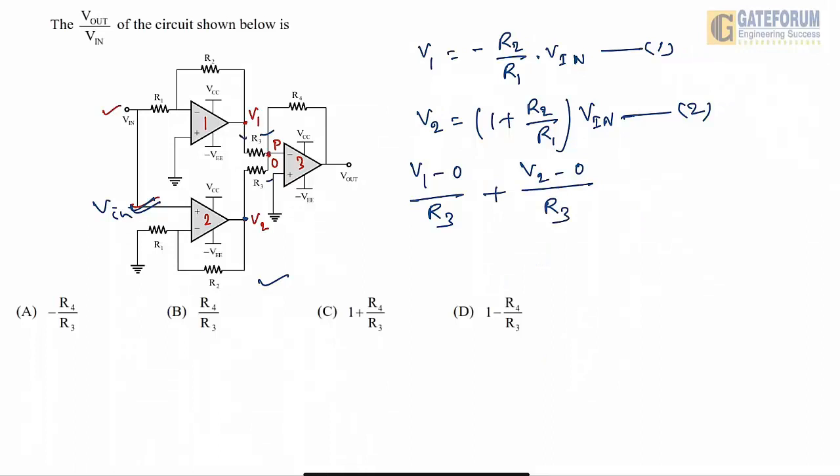Due to V1 and V2, we are considering these as incoming currents, taking them positive, and the sum of these two currents is equal to the outgoing current which is passing through R4.